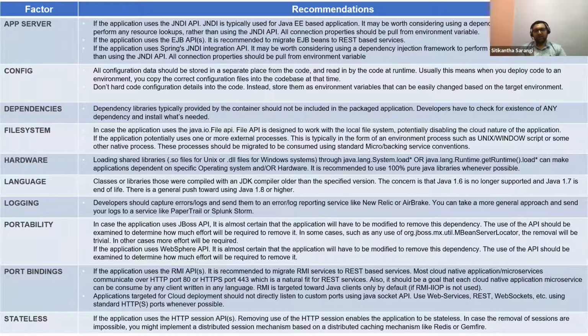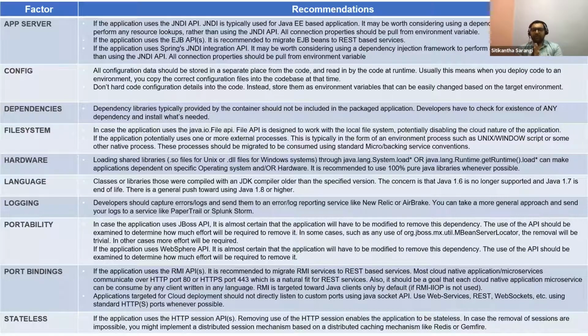So for UAT you put one ini or properties file in the application, and for production you put a different file, and you have to compile it two times, right? That is the problem when we are talking about a platform independent or environment independent application container, right?